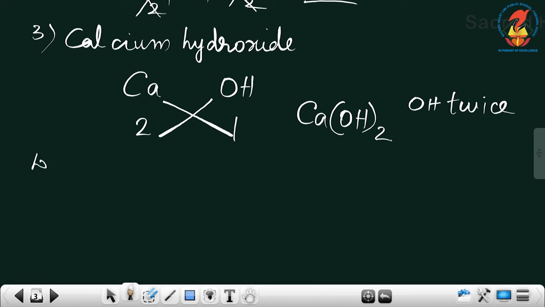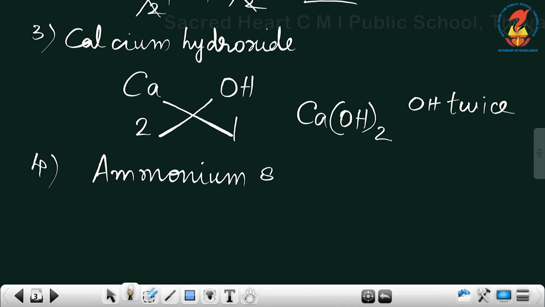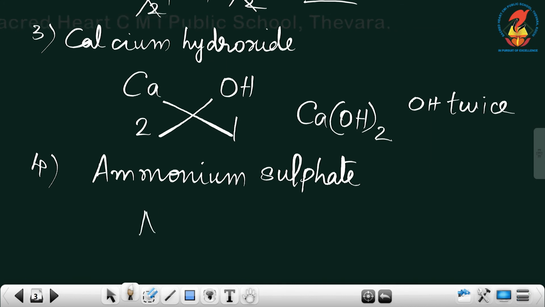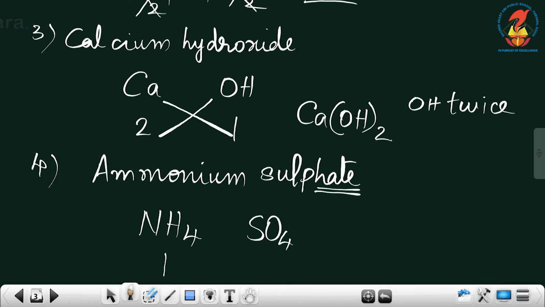Now we can see one more example. For that we can take ammonium sulfate. Ammonium, what is the formula? Symbol NH4. NH4 valency is 1. And sulfate is SO4.